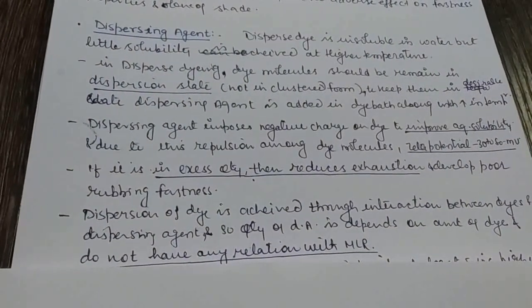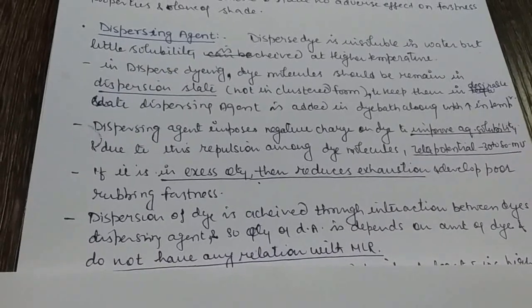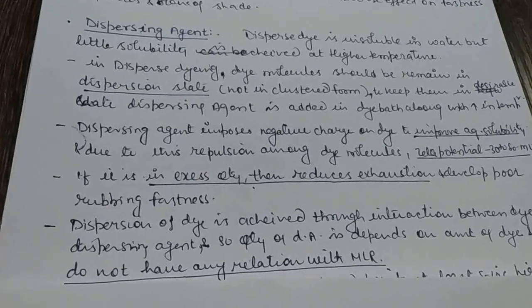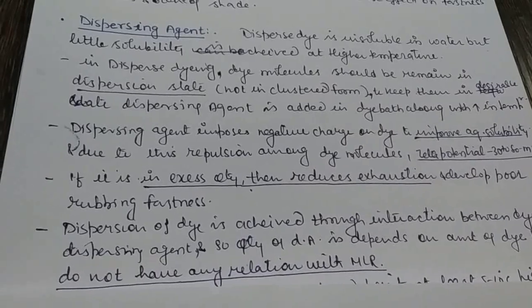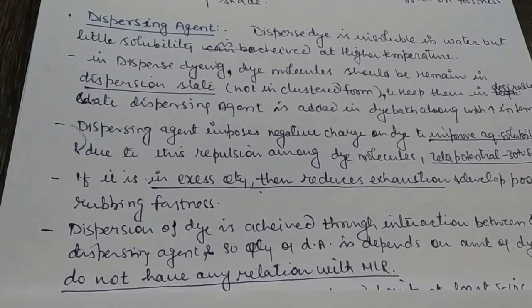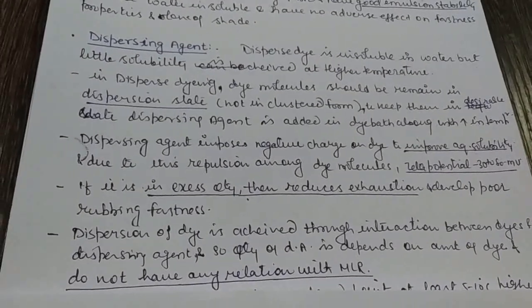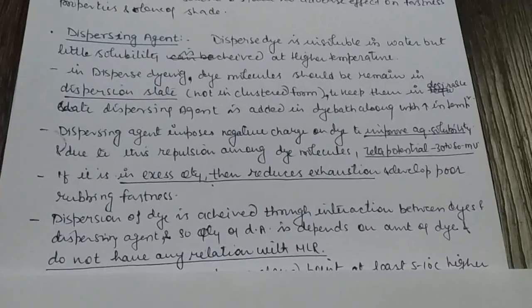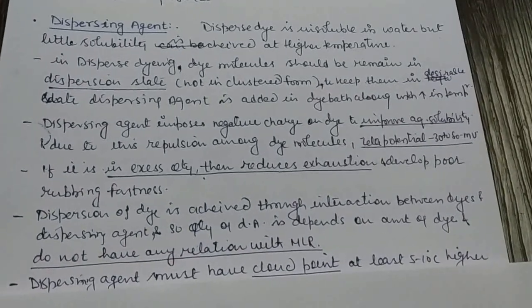So the quantity of dispersing agent depends on the amount of dye and does not have any relationship with the MLR ratio. It means how much dispersing agent should be added in the dye bath depends on how much dye you take, and very specifically the amount of dispersing agent varies with the structure of dye molecules.